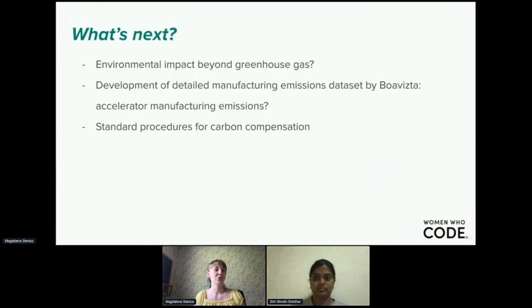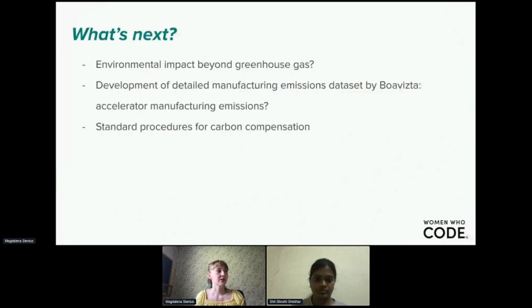And now looking forward, the next trends in the field of sustainable software or green software are definitely looking into the environmental impact beyond greenhouse gas. So not only looking at the carbon footprint, but also looking at, for example, what impact the manufacturing of chips or these microcontrollers has in the region that these minerals are gotten from.